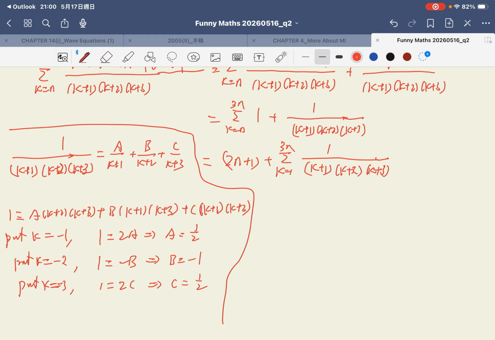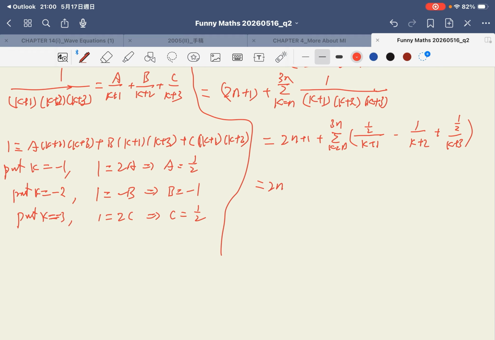That means we have 2n plus 1 plus the summation for k from n to 3n of 1 over 2 times (k+1), minus 1 over (k+2), plus 1 over 2 times (k+3).